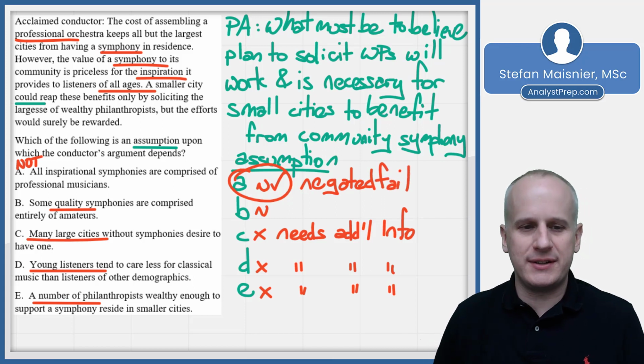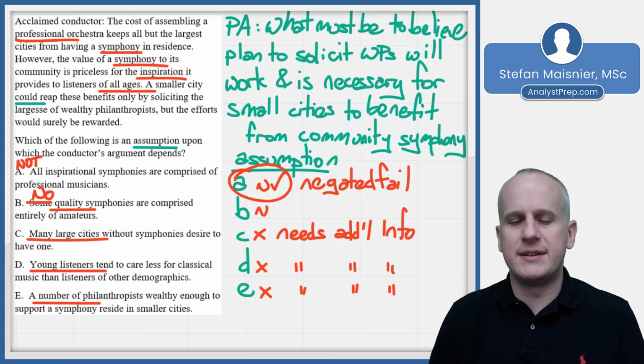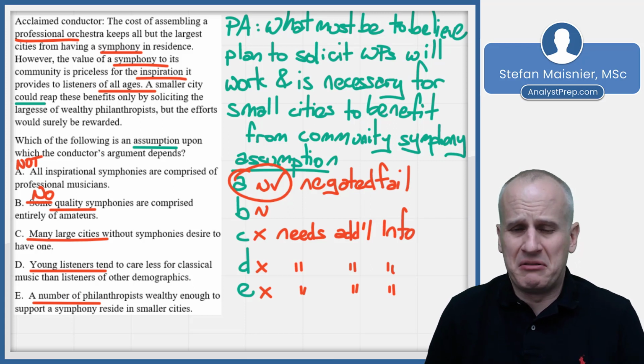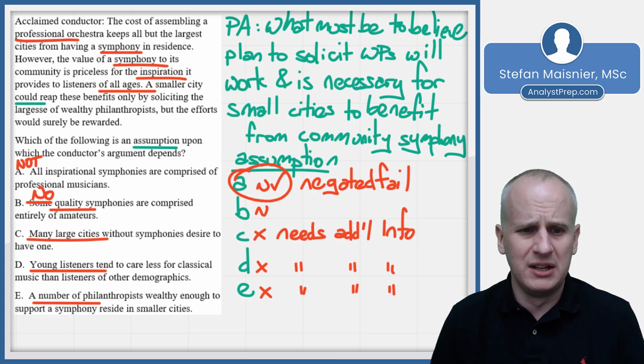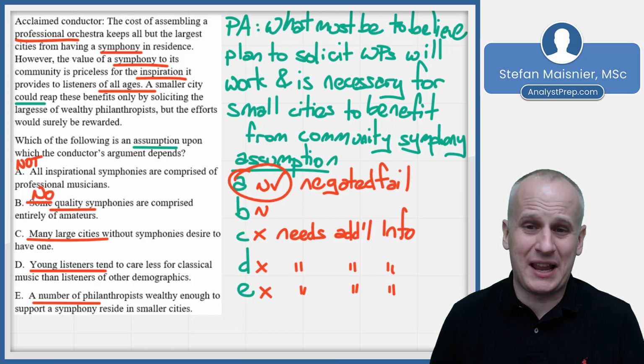Whereas if we take a look at choice B, we know that the technically opposing quantity to some is in fact none. And we say no quality symphonies, as a negation, are comprised entirely of amateurs. Okay, so no quality symphonies are comprised entirely of amateurs. Well, we don't need to say that that's completely not possible, because saying that they're not comprised entirely of amateurs, well, honestly, that makes it seem like this argument's getting better because now it seems like we can't go get amateur people.